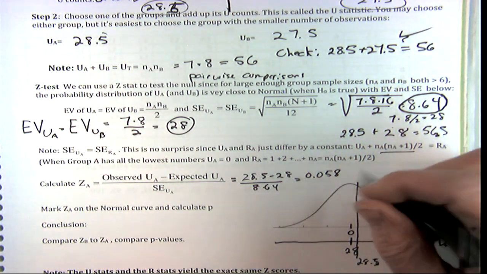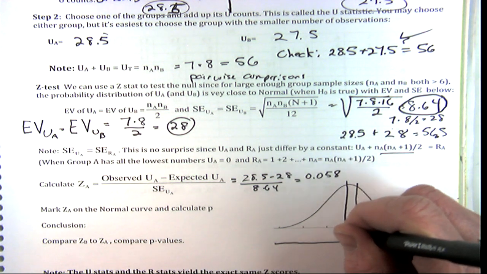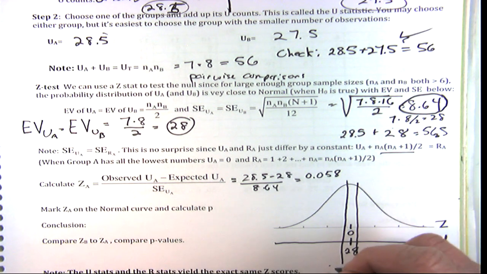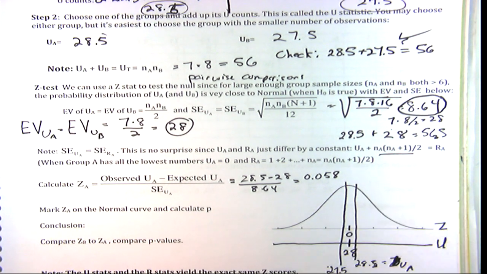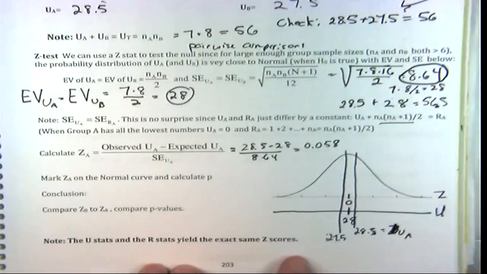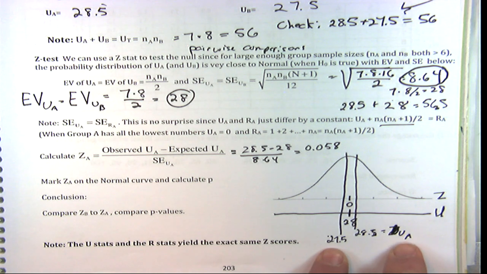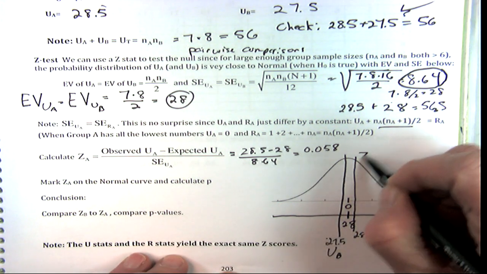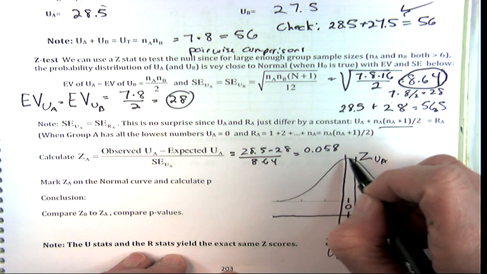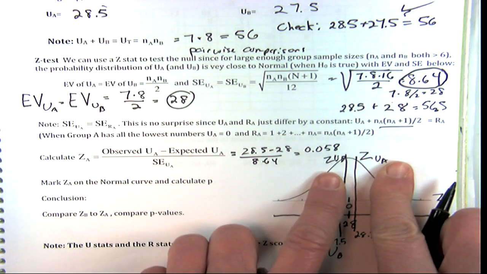And the other one's going to be 27.5 here. That's not Z, that's the actual UB, sorry. That's very messy, but these are the actual U's. So that's UA and that's UB. And this is Z for UA, and this one's going to be Z for UB, right?